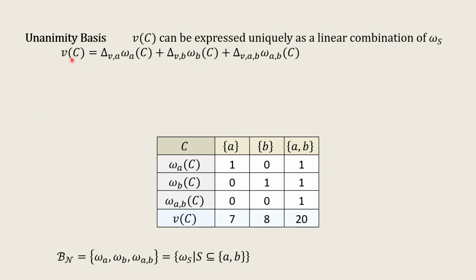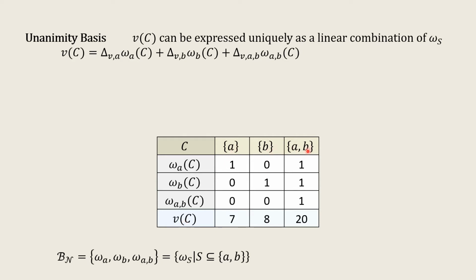So this is my claim for our little example. V of C is delta V,A times omega A of C plus delta V,B times omega B of C plus delta V,AB times omega AB of C.